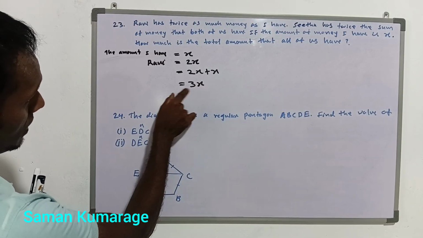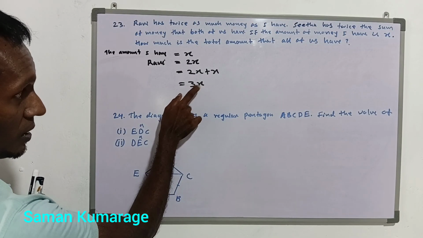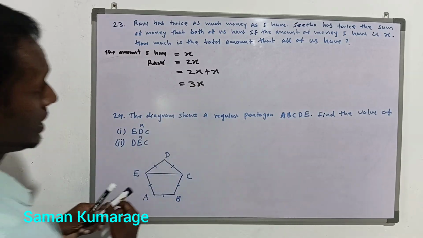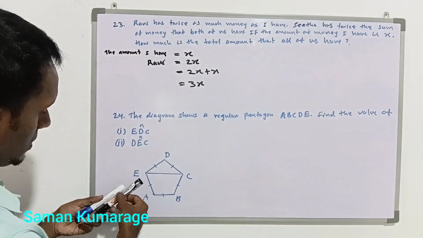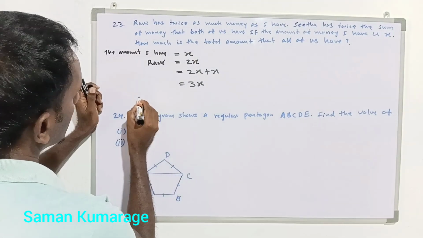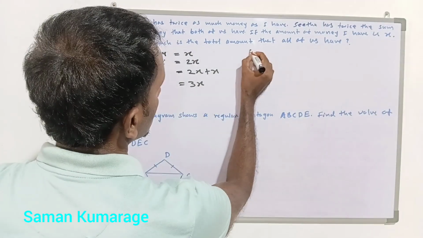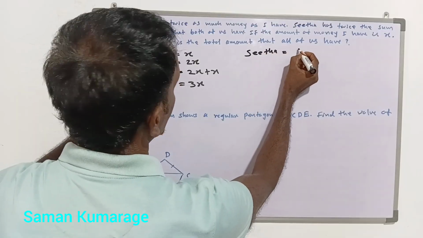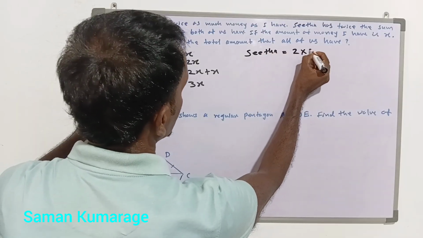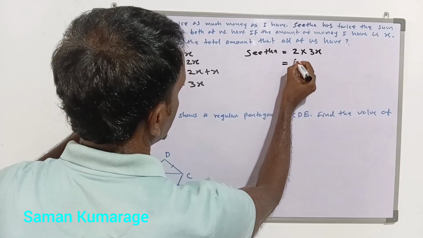This is the money both Ravi and I have, that is 3x. So Sita has twice this amount. Sita has 2 times 3x, that is 6x.